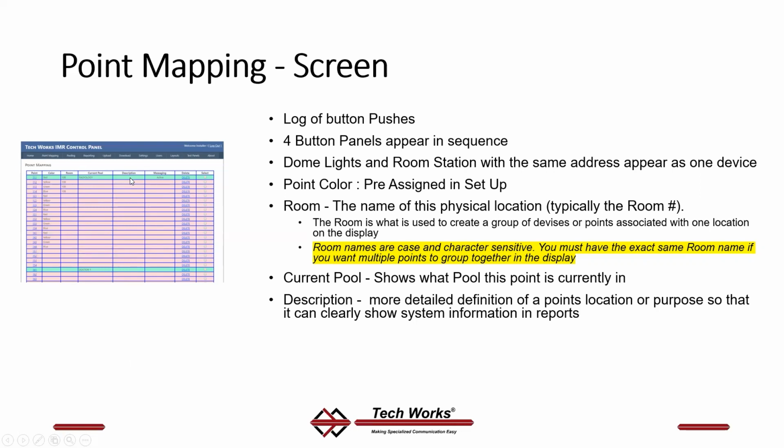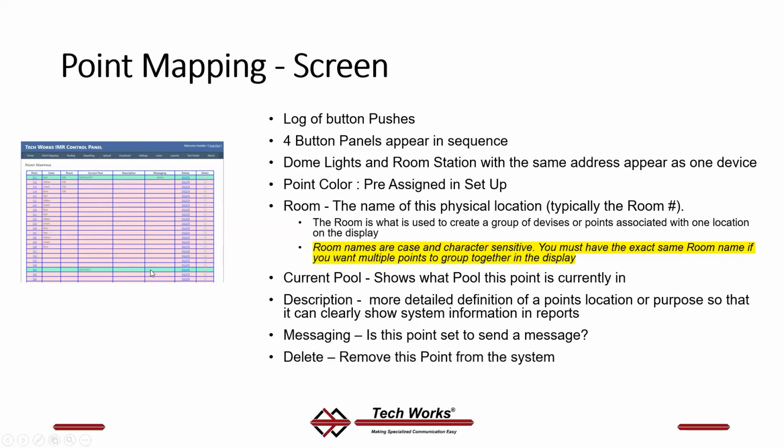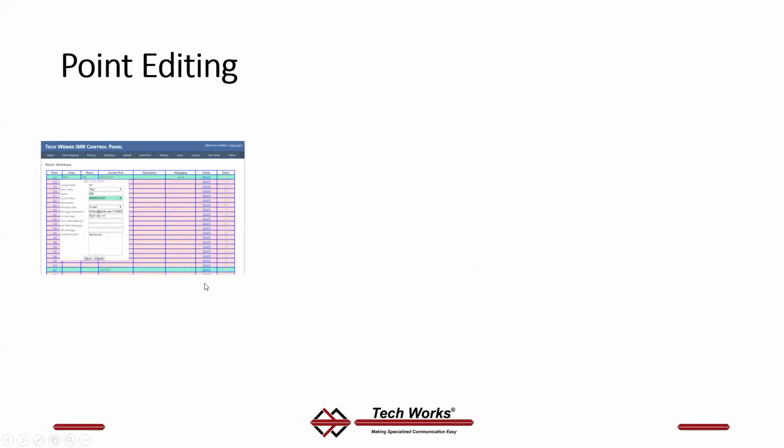Makes no difference, but it makes your life easier for retrieving this for reports. Message. This is telling you if the point is going to send a text message or a message to a beeper. Delete, this is for convenience, so you can quickly delete a point if you want to get rid of it for some reason. And the checkboxes allow you to select multiple stations for deletion.